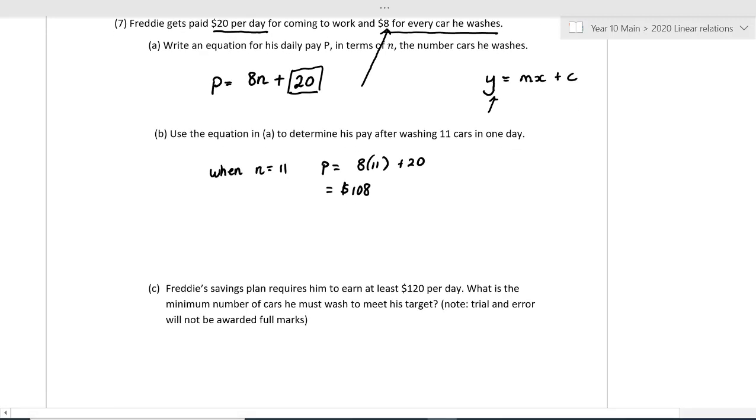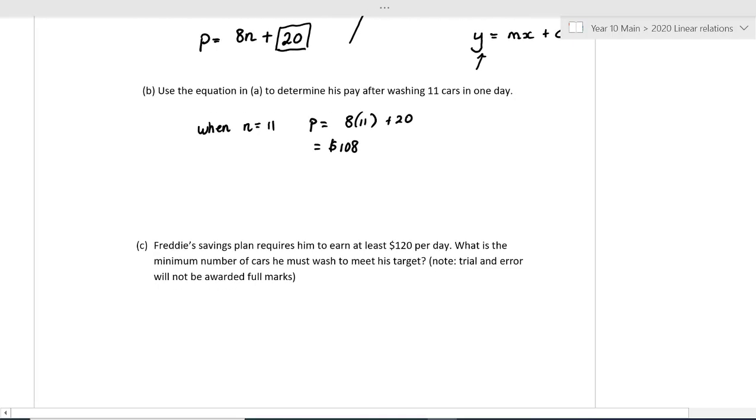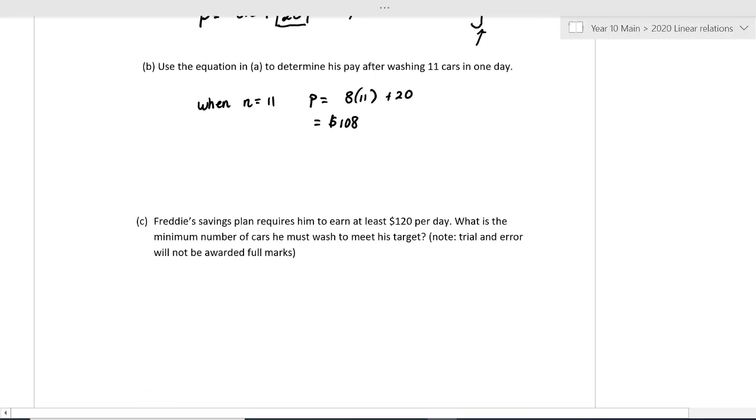Now he requires him to earn at least $120 per day. What is the minimum number of cars he must wash to meet his target? Well, this time we can let P equal 120 and solve for n, how many cars.